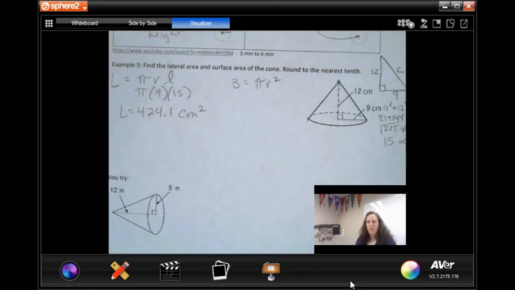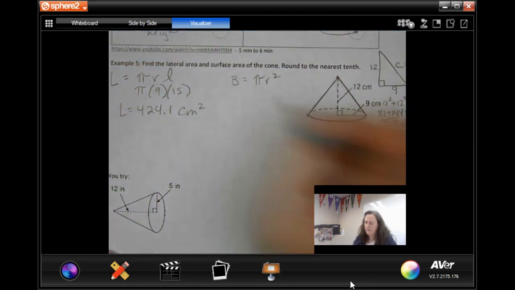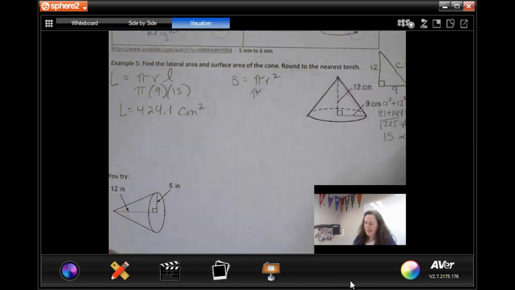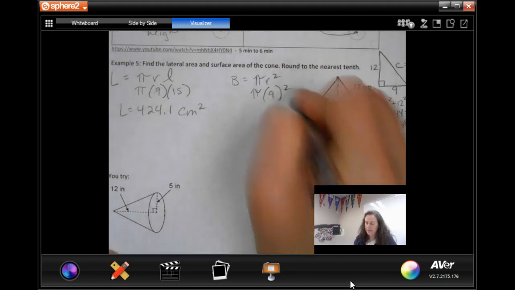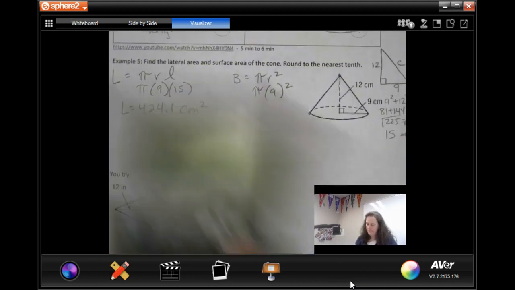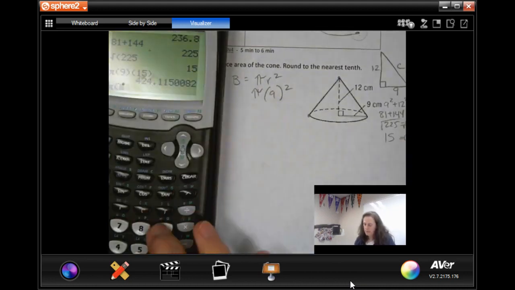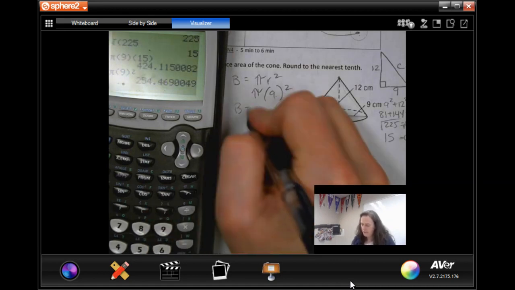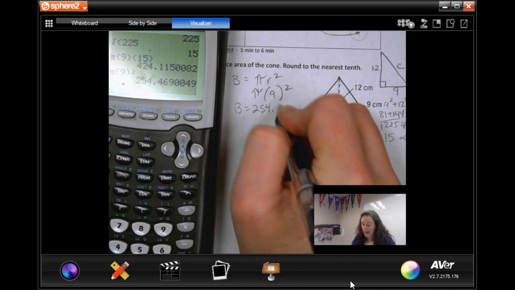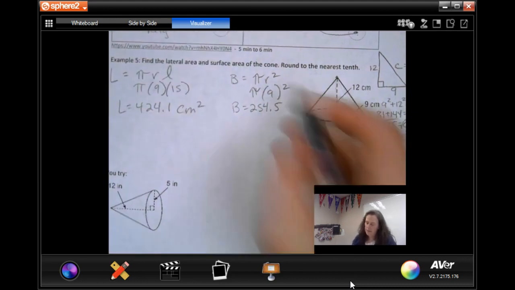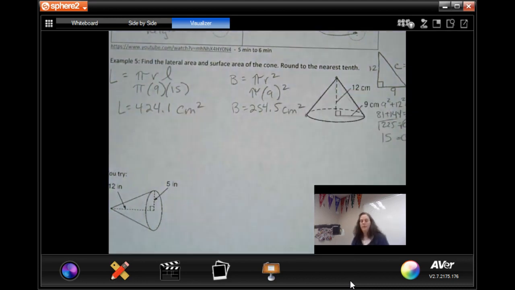Okay, hopefully you're yelling pi r squared. That is right. Pi, and we already figured out that the radius was 9. So pi times 9 squared. You should get 254.5 centimeters squared.